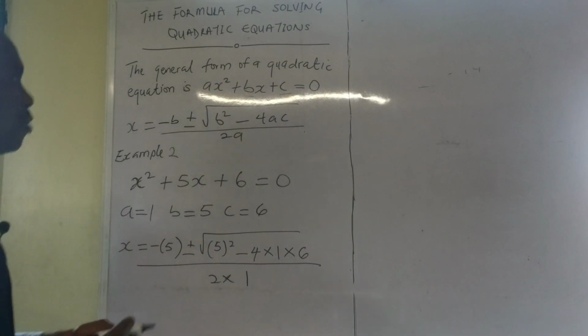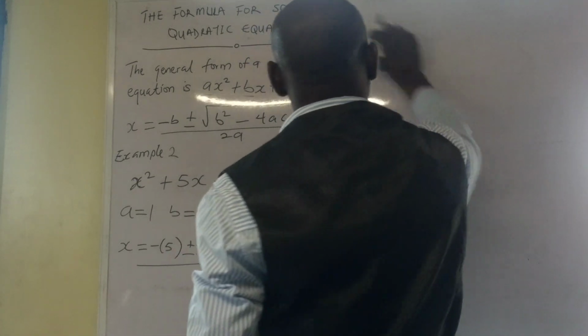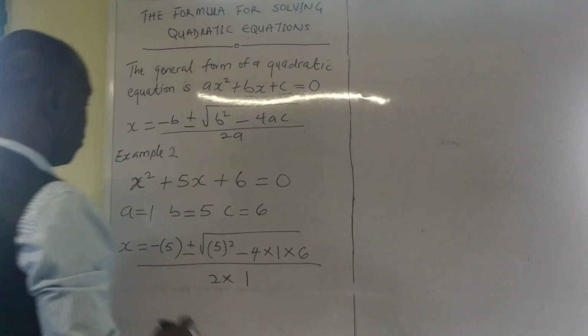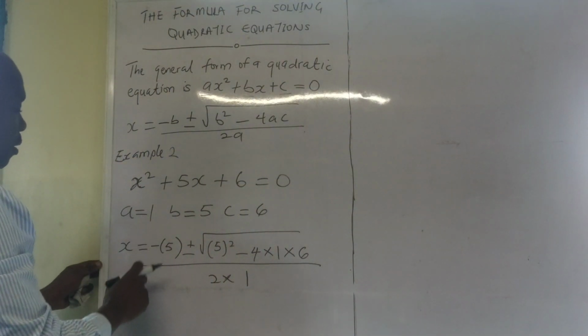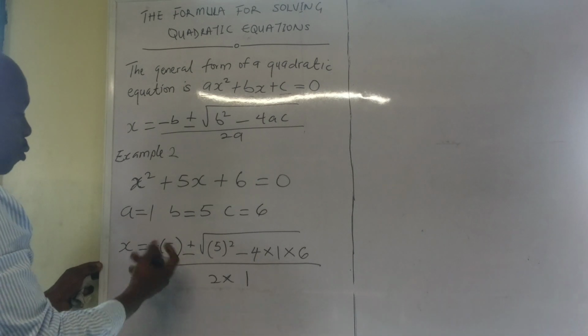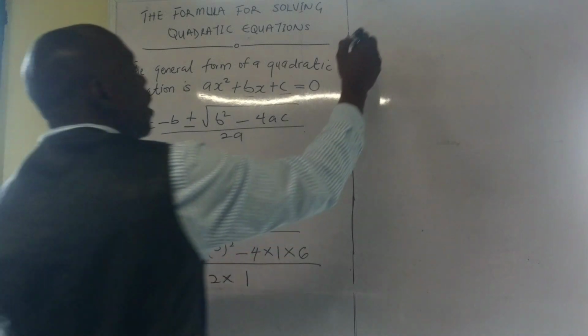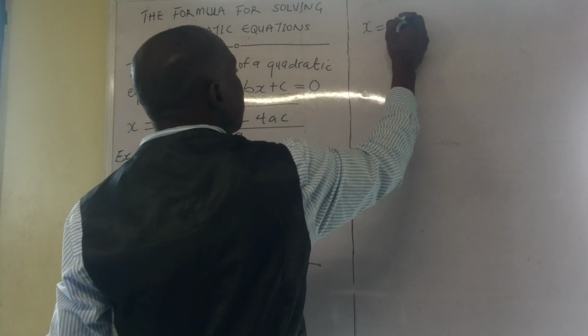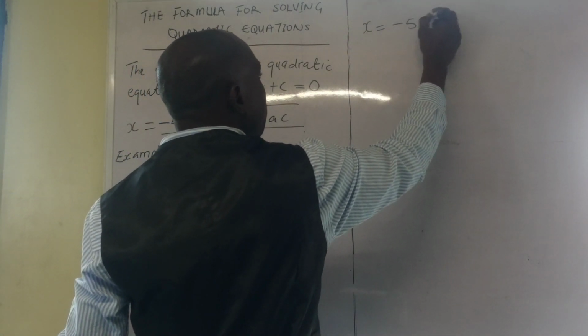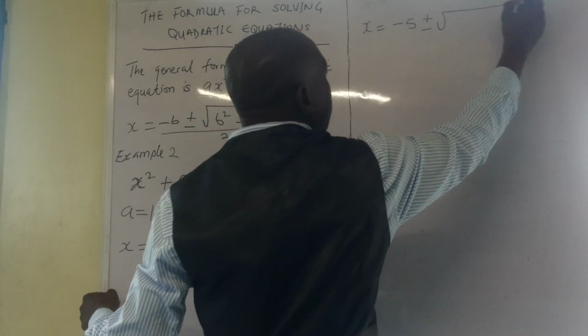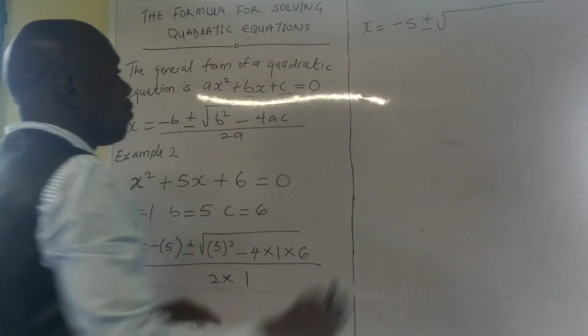So let's see if we can use this other side. Then from our equation here, this one is negative already, so it's still going to give us 5 because it's negative times negative 5. So we have x equals minus 5 plus or minus square root 25.